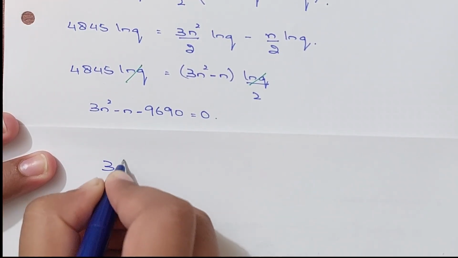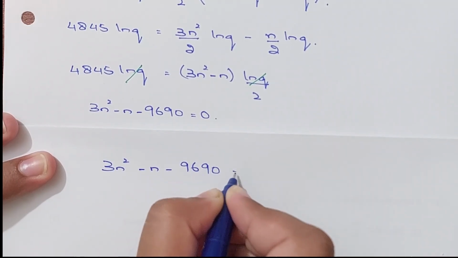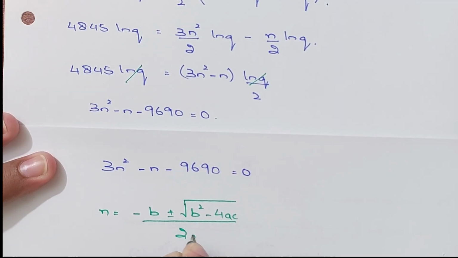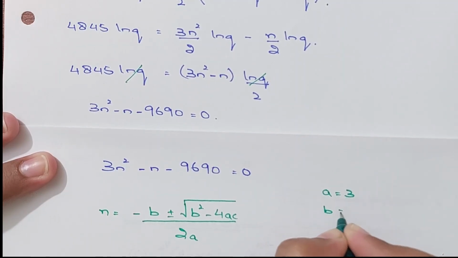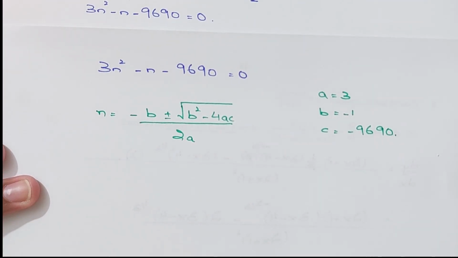The quadratic formula is n equals negative b plus or minus the square root of b squared minus 4ac, divided by 2a. The a value is 3, b is minus 1, and c is minus 9690. Let me substitute everything into the formula.